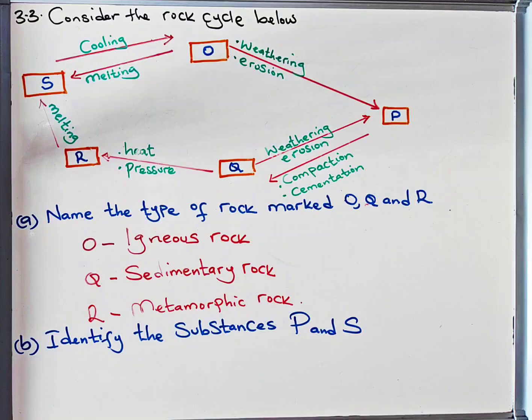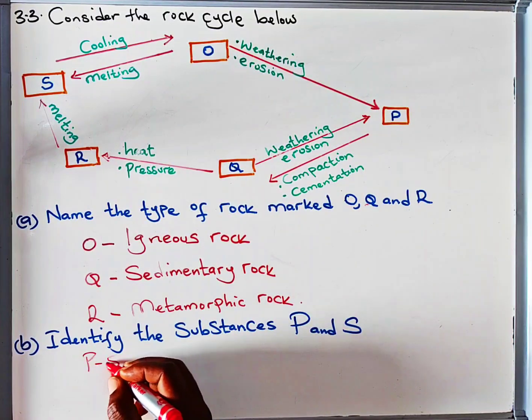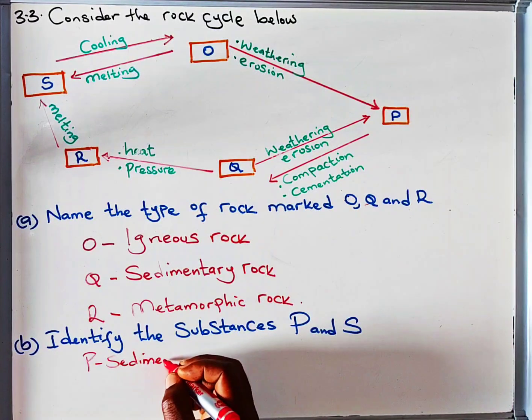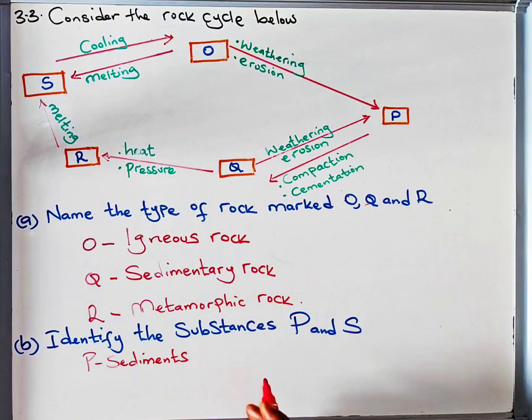So what substance is that? P is sediments. This is when small particles come together loosely.